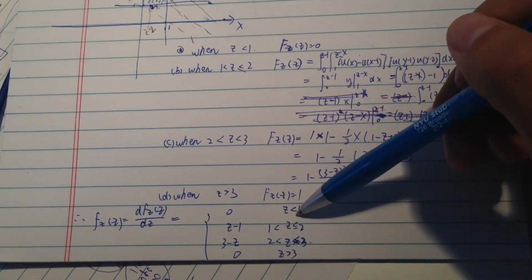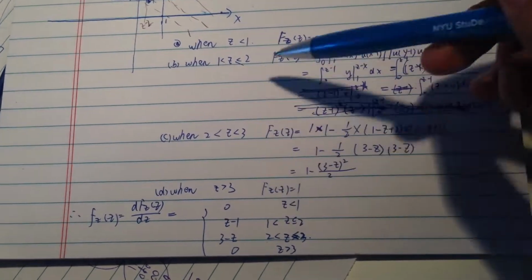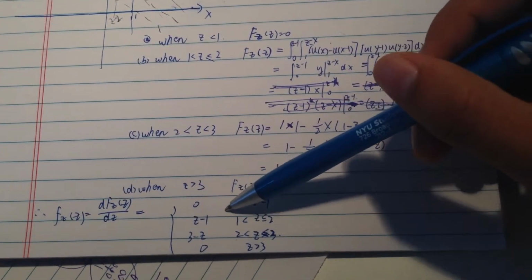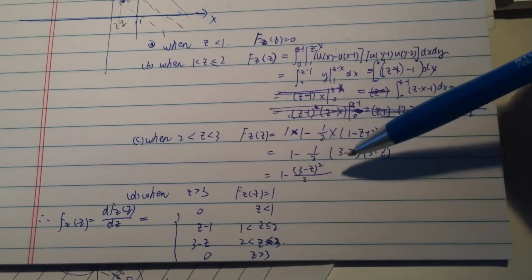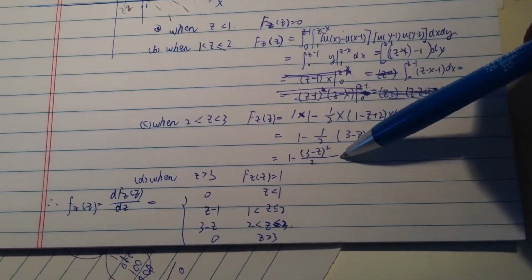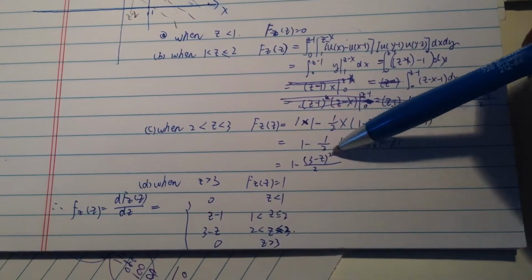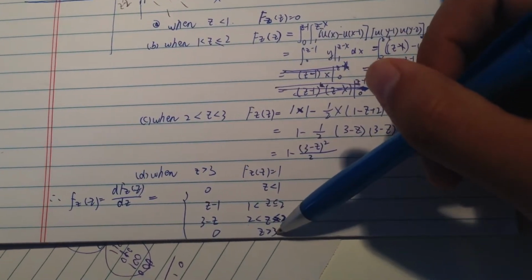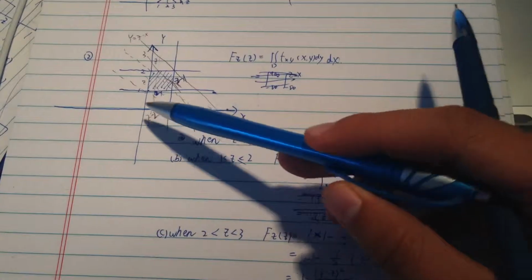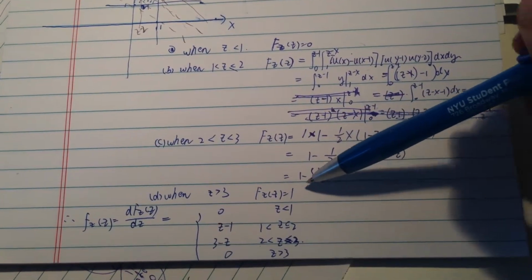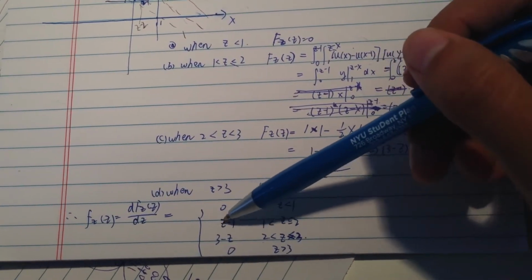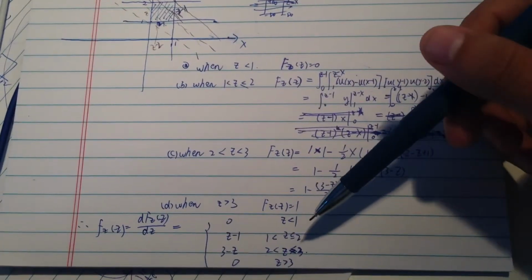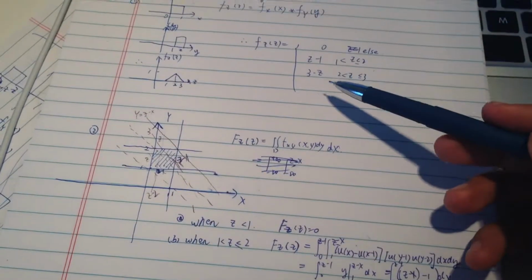Between 1 and 2, we differentiate this equation and get z minus 1. Between 2 and 3, we differentiate this equation and can write it as 3 minus z. And when Z is more than 3, the distribution function is 1, so the derivative is 0. So we see that the geometric method and the convolution method give the same result.